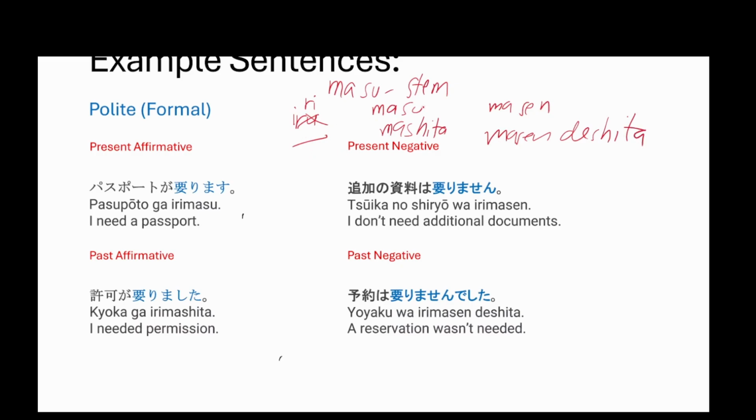So that's irimasu, irimashita, irimasen, irimasen deshita. Irimasu means need. Irimasen means don't need. Irimashita means needed. And irimasen deshita means wasn't needed.